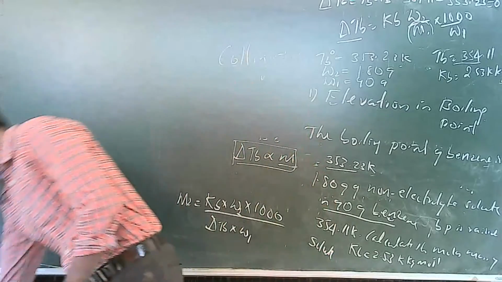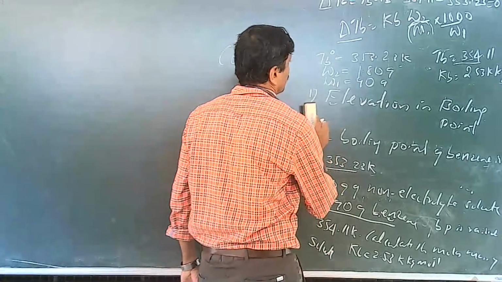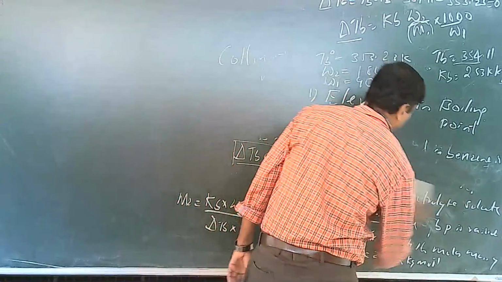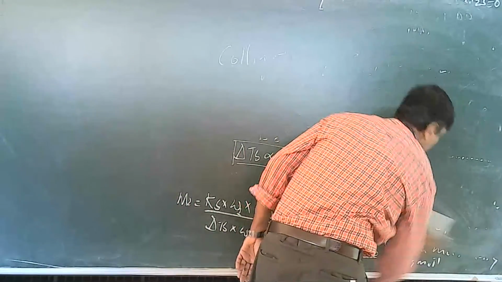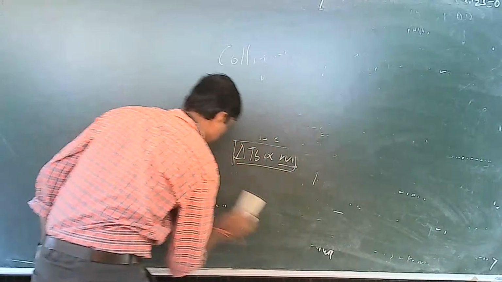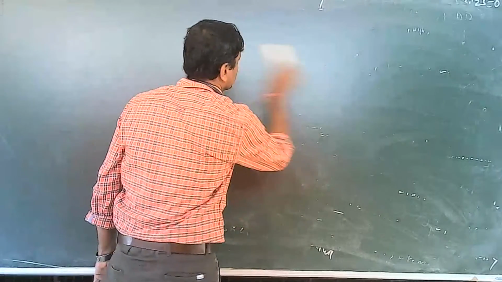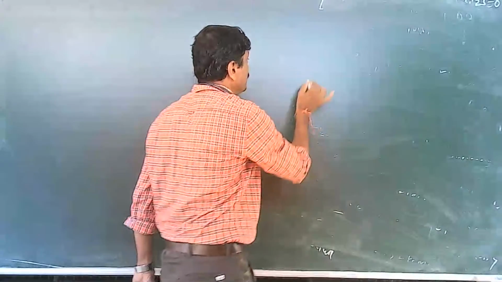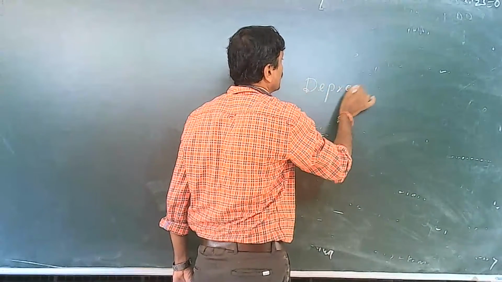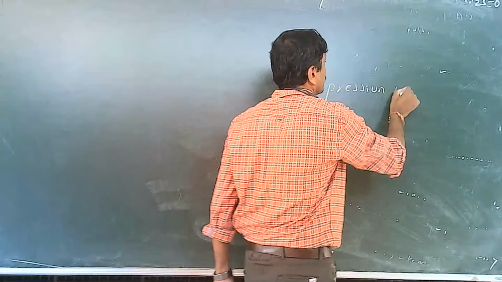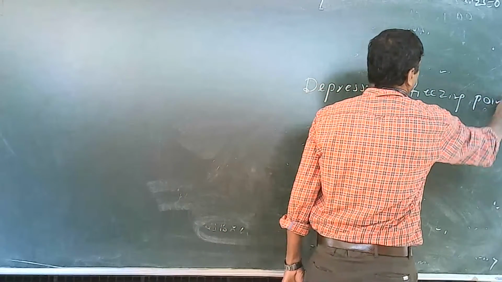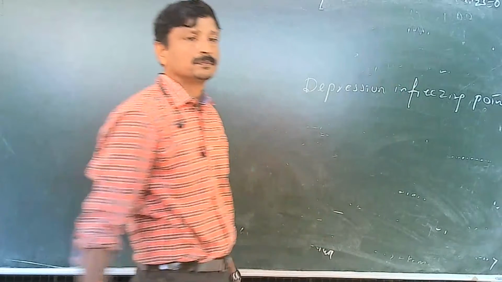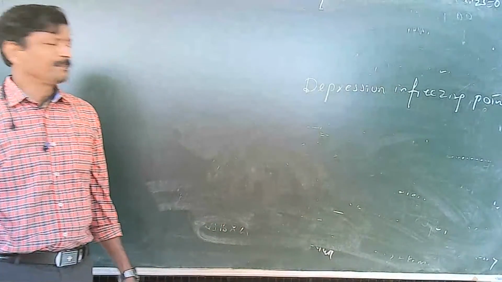The third method is depression in freezing point. What is freezing point?